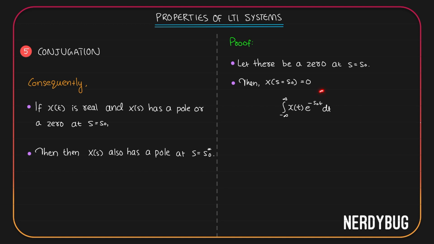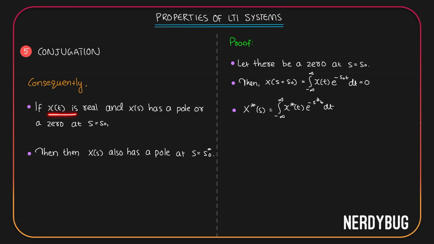If we have a zero at s naught, then this integral is going to be equal to 0. Let us take x conjugate of s. It is going to be integral from minus infinity to infinity x conjugate of t e raised to minus s conjugate t dt.